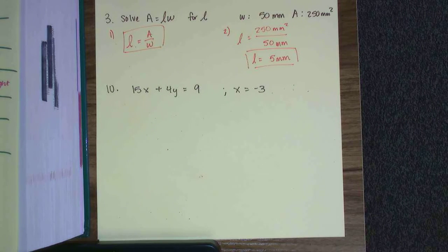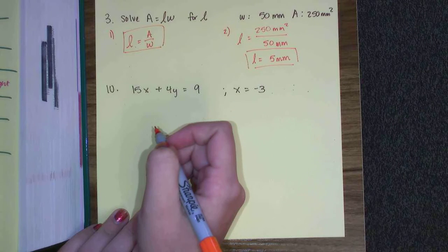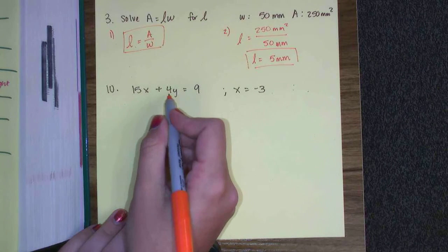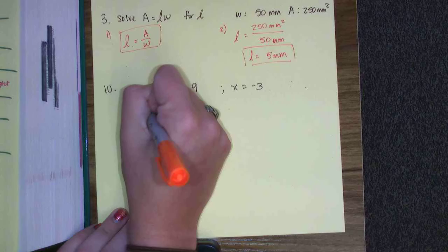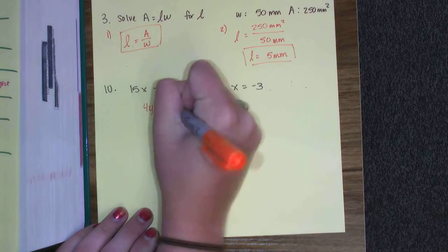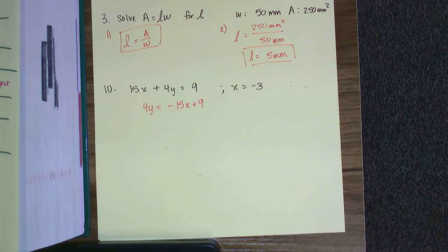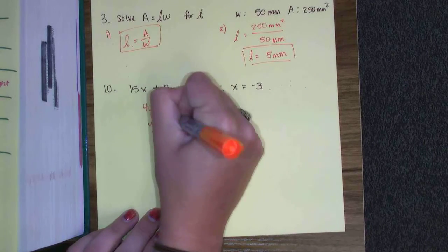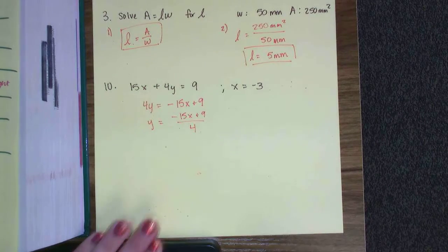How do I get y by itself? I can't divide by 4 yet because y is not by itself. So 4y is equal to -15x plus 9. Now what? Divide by 4, so y is equal to (-15x plus 9) over 4.